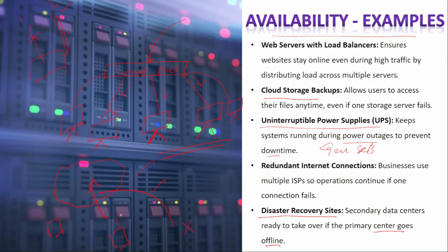Let's suppose this is one city, say New York, and you can have a secondary data center in Los Angeles. So if this data center fails, users can still access the services from the secondary data center.